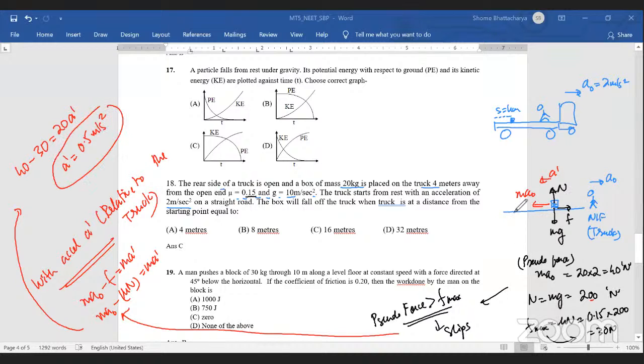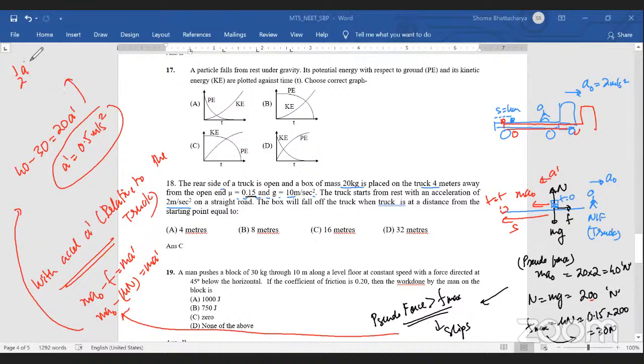So as a result of this, the box will slip off the truck at some time t. In the ground frame it will look like the truck has moved on and the box has reached here, but in the truck's frame it will look like the box has gone back by s.